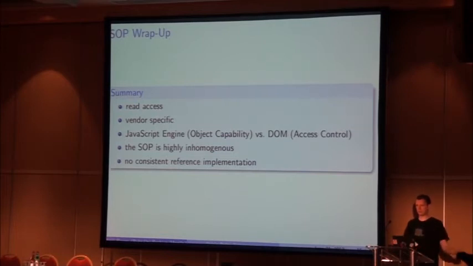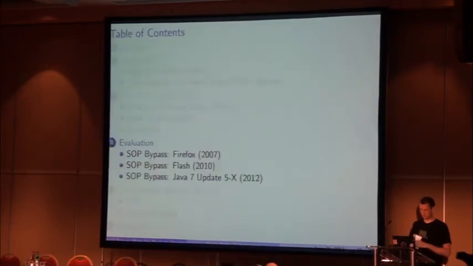We've seen that Internet Explorer is ignoring ports. And then we have this inherent clash between an object capability world and an access control world where things are blacklisted. We've seen there are dozens of exceptions, and there is actually no consistent reference implementation at all. Obviously, everybody's doing their own stuff.